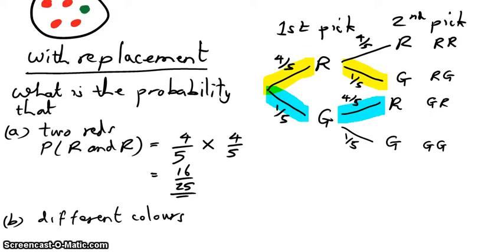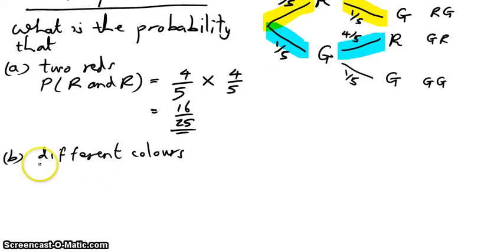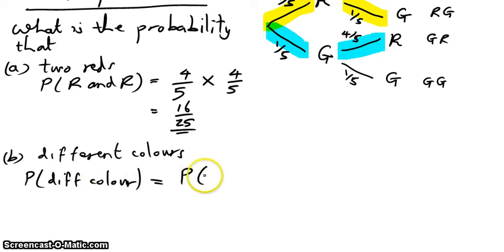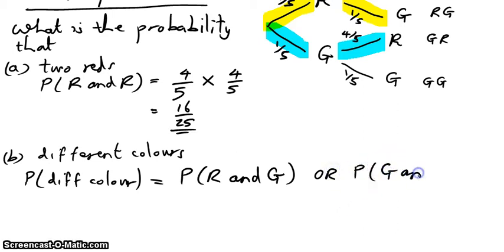So here then, what we're looking for is the probability of different colours, which is equal to the probability of red and then green in that order, and the order matters, or the probability of green followed by red. So notice there's two branches there, there's two parts to it. Now once you've got that idea in your head, it's simply red followed by green.